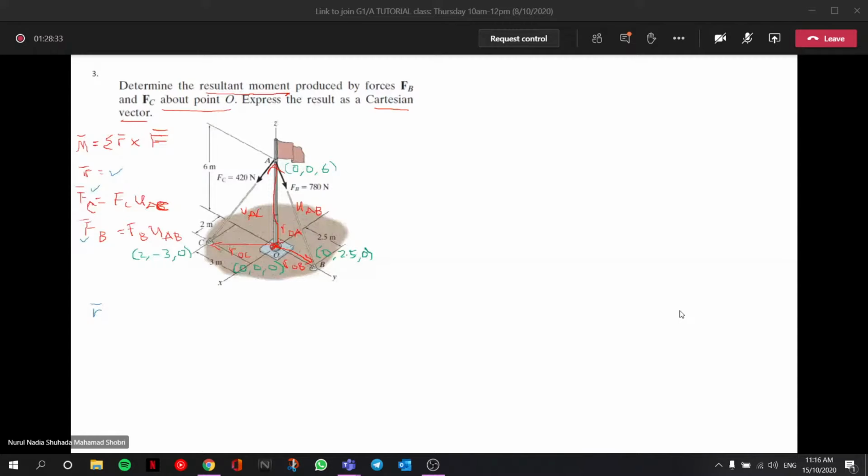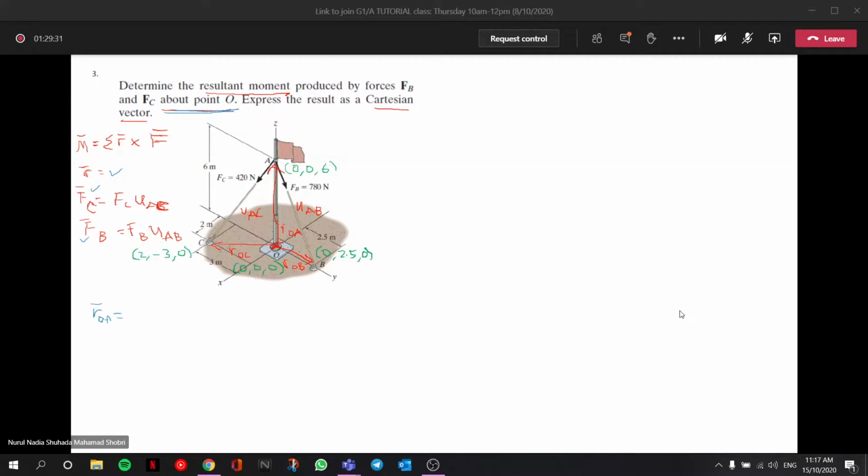For the R vector, you have to ensure that it's about point O. Point O is here, and there are a few choices for which value you want to take: either ROC, ROB, or ROA. It doesn't matter among these three, because at the end the moment result you get would be the exact same value. In this case I will just use the R vector OA, because I can use it for both FC and FB, since their origin is at the same point.